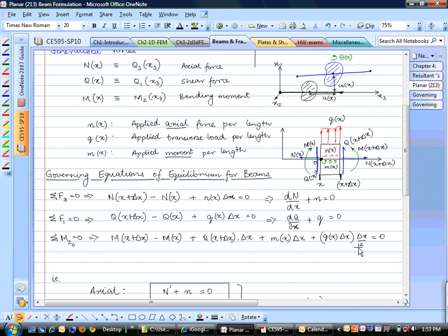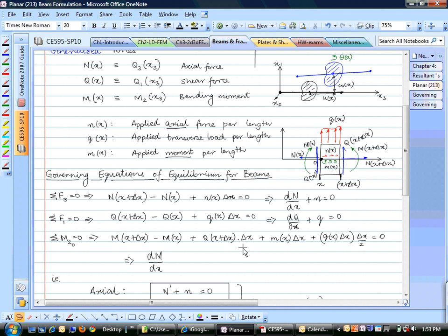Now if I divide this entire equation by delta x and take the limit tending to 0, what do I get? This term will obviously give me dM by dx. What do I get here?